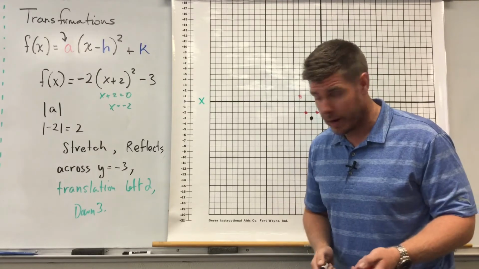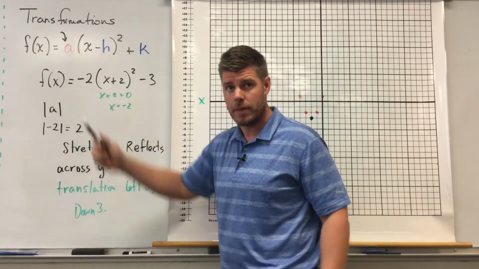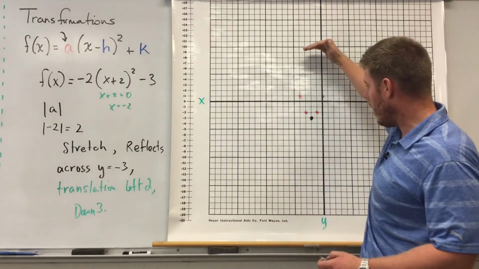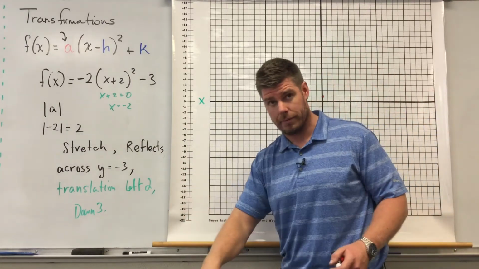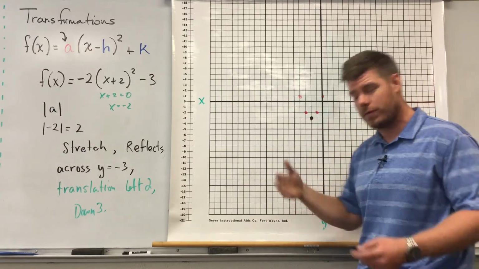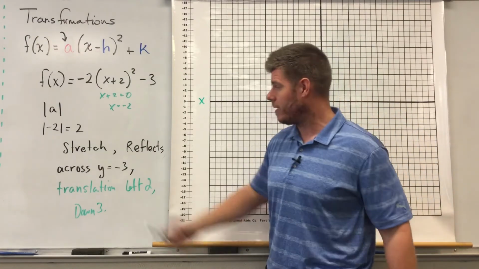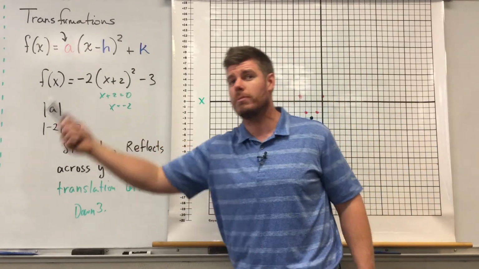I've got a multiplier. And what the multiplier is telling me to do is to multiply it by negative 2, right? So I don't want these points going up. I'm going to want them going down, all right? And not only that, I'm going to stretch them. So as I move them down, I'm going to stretch them farther away. And the amount I'm going to stretch them by is double the distance they would normally be away.